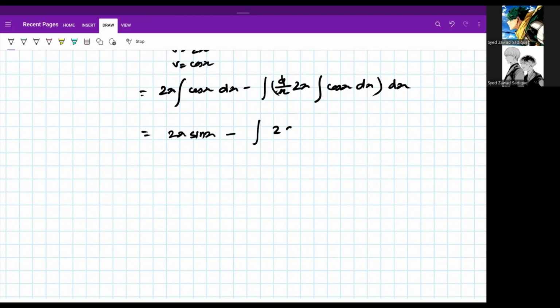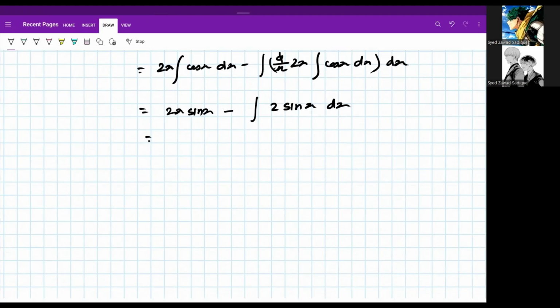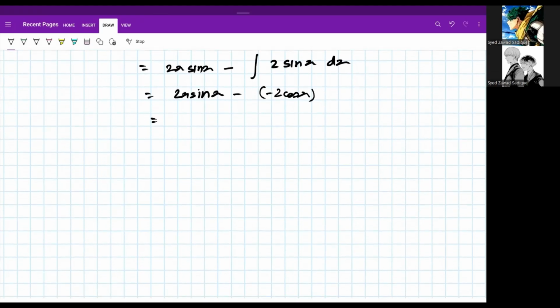the integral of 2 sin x dx. The integral of 2 sin x dx can be written as minus 2 cos x. Sorry, no more dx because we have integrated it already. So it becomes 2x sin x plus 2 cos x.